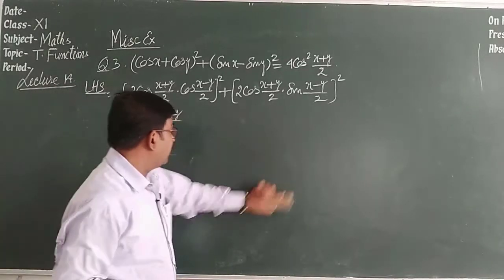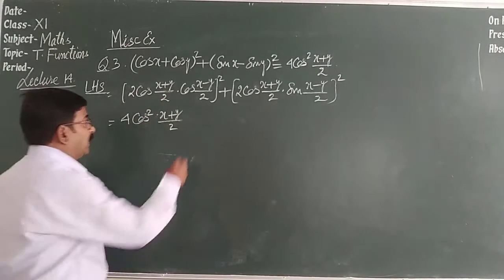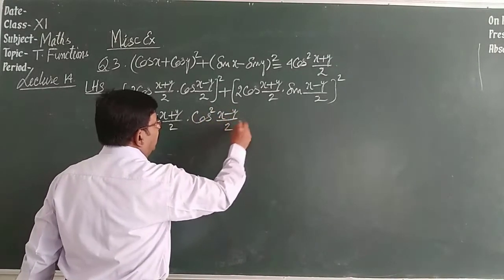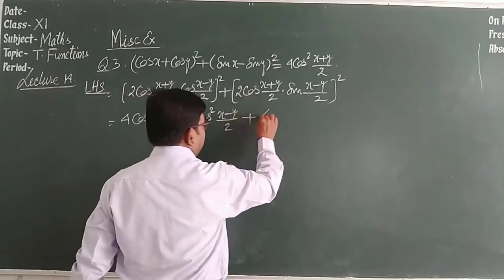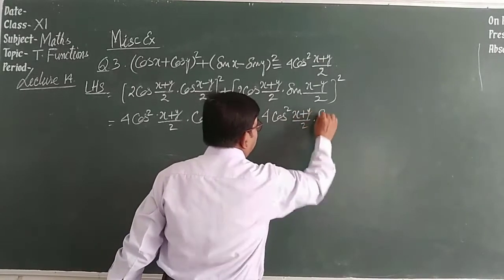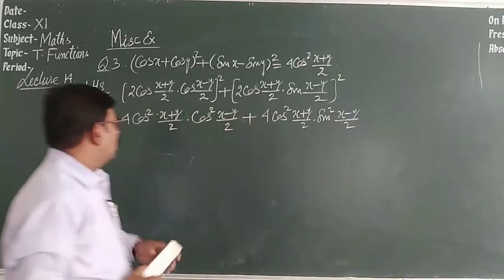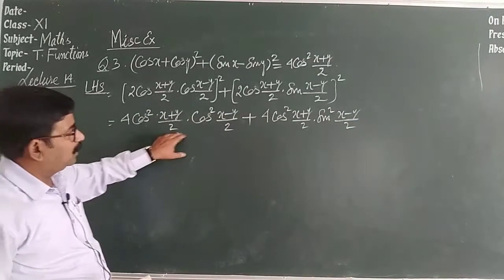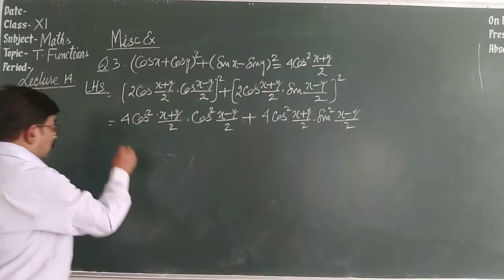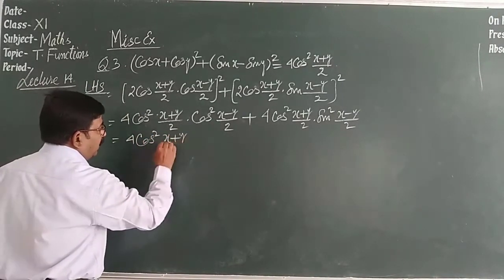In the same way here, 2 square is 4 cos square (x plus y)/2, cos square (x minus y)/2 is the angle, plus square of this, 4 cos square (x plus y)/2 sin square (x minus y)/2. See, 4 cos square (x plus y)/2 here, 4 cos square (x plus y)/2 is here. So this much is common.